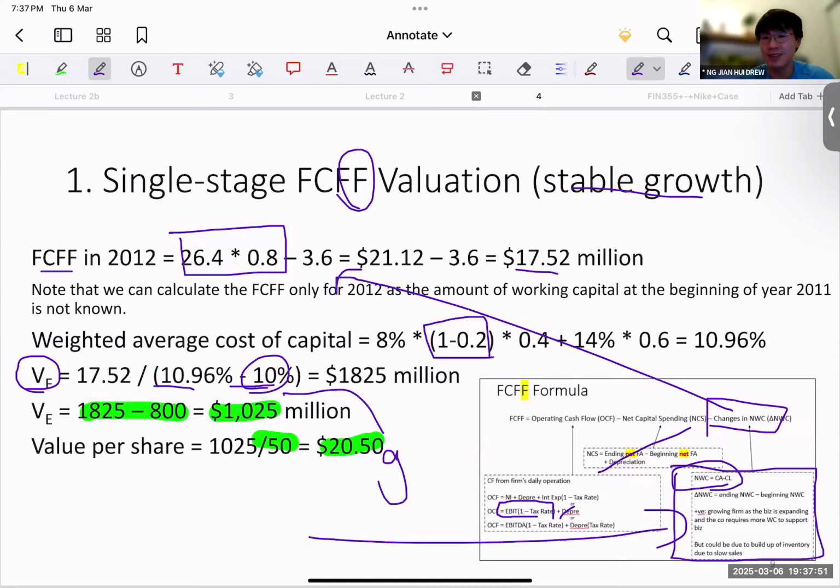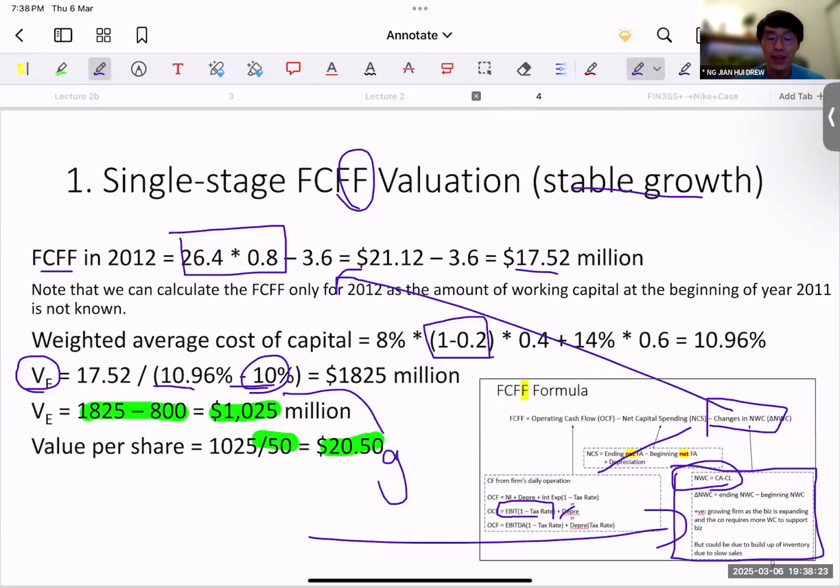Are there other formulations? Anyone knows?